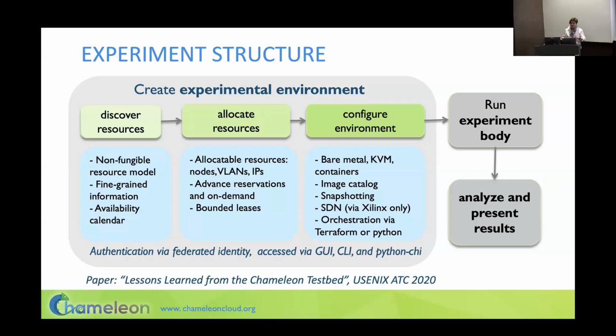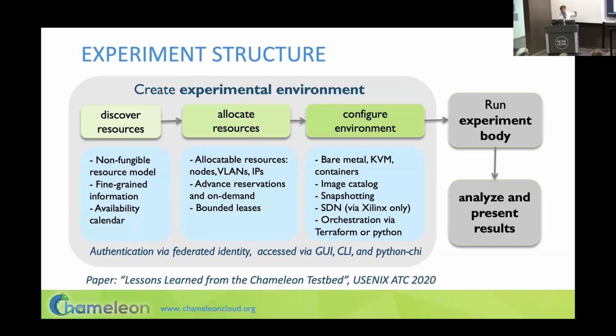All right, so again, for those of you who don't know, just to go over the experimental cycle on Chameleon, you of course start with whatever hypothesis you have. You discover resources that we have on Chameleon for your experimentation to prove or disprove that hypothesis. We provide very fine-grained information about those resources.